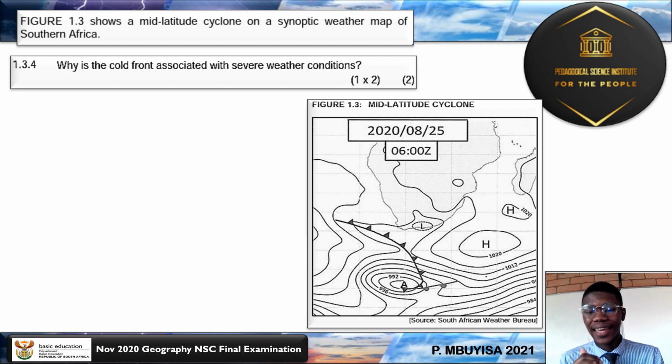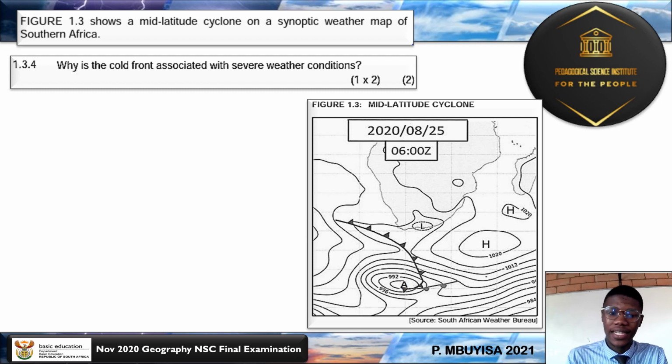This causes rapid condensation, leading to the formation of cumulonimbus clouds in front of the cold front. And we are going to have very cold temperatures forming as a result, because remember, the cold front is formed by cold air.